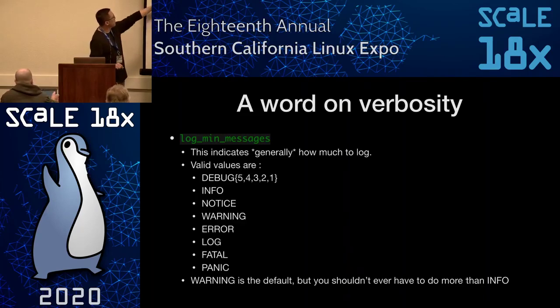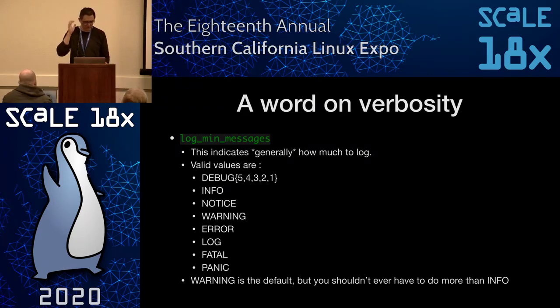Warning is the default. Notice and info are sometimes useful, but you'd only need to go there if you really like scraping the bottom of the barrel for information. And debug, if you're not a Postgres developer, don't even bother touching that. It generally doesn't help much for DBAs and sysadmins.